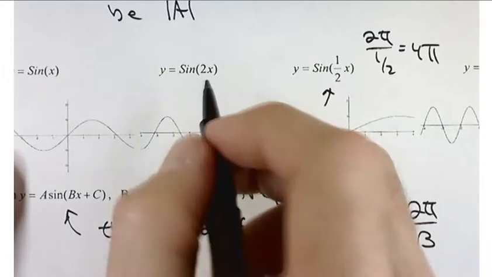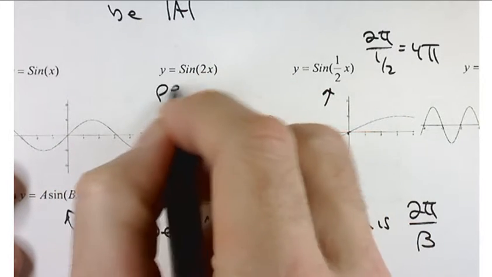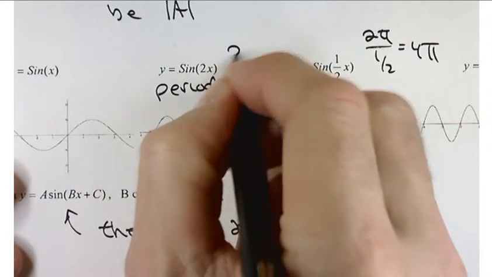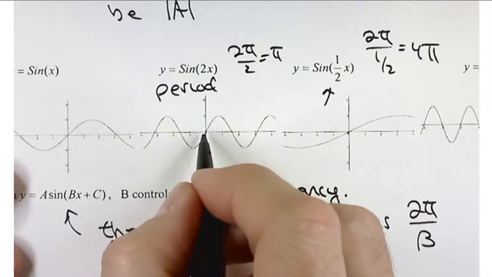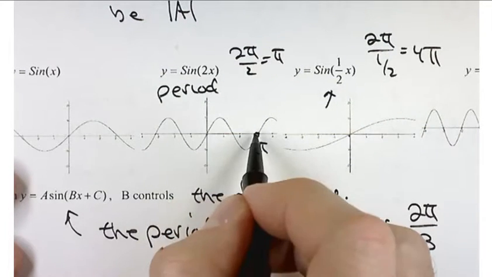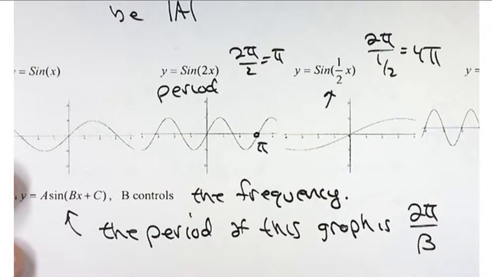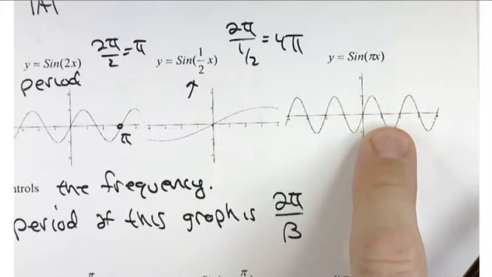How about over here? What's the period of this function going to be? 2 pi over 2, or just pi. And you can see that. After a distance of pi, this is pi right here, the function starts to repeat itself. This one's even better. A little bit clearer to see.